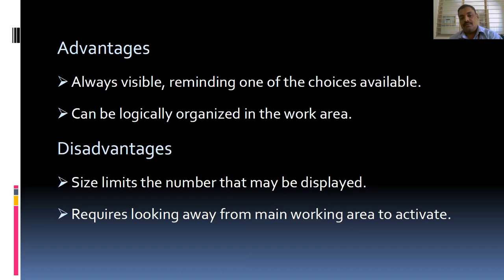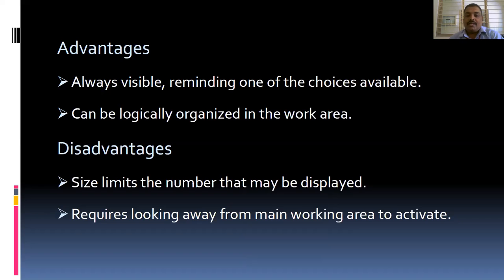What are the drawbacks of buttons? First, size limits the number that may be displayed. For example, you cannot put more than three submit buttons, and the size of the button restricts how it should be displayed. Next, the second drawback is that it requires looking away from the main working area to activate.